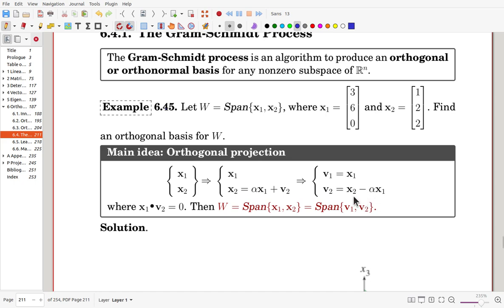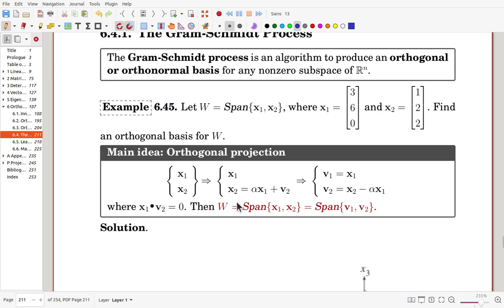Then we know v1 and v2 are orthogonal, and they are linear combinations of x1 and x2, so the spanned subspace of x1 and x2 and the span of v1, v2 must be the same.